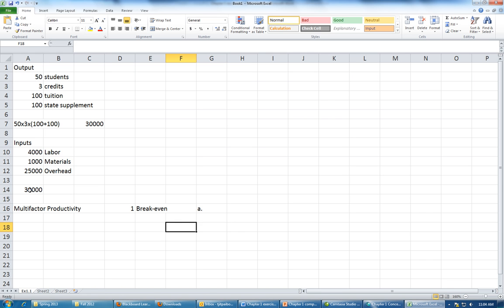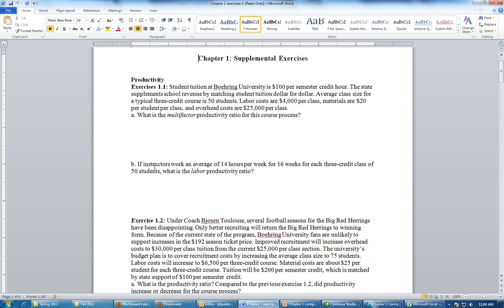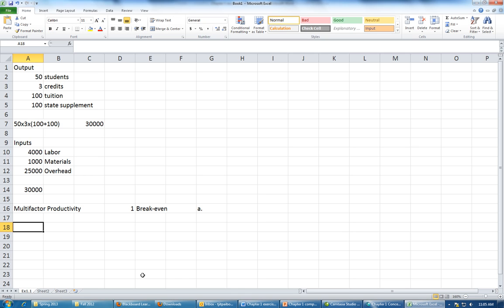Okay, for part B, we are looking for the instructor or labor productivity. So if the instructor works on average 14 hours per week for 16 weeks, with this cost, what will labor productivity be?